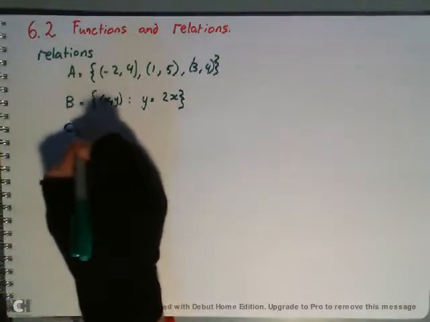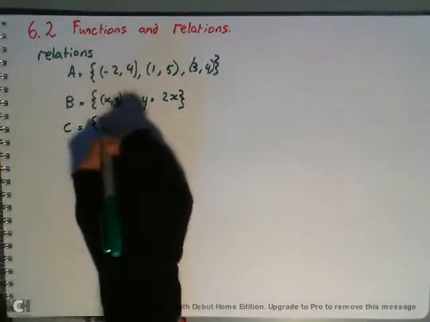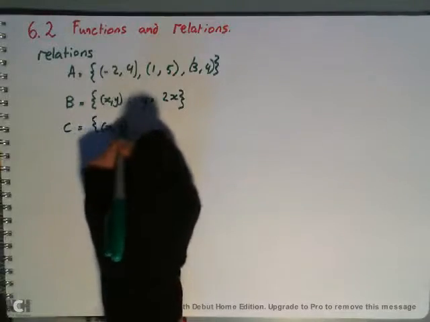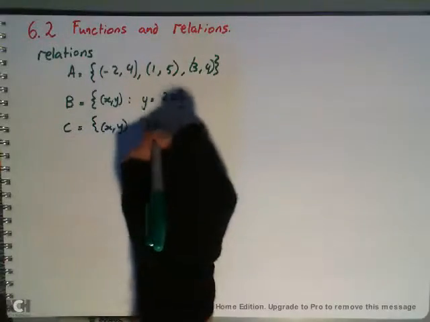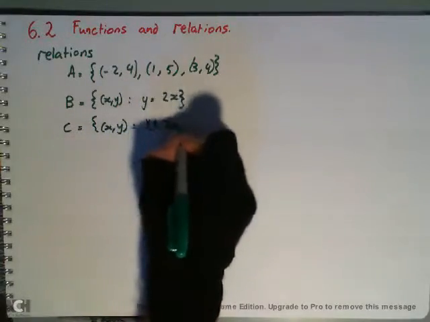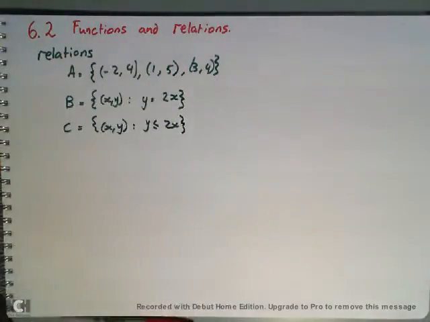C could be the set of (x, y) such that y is less than 2x. The ordered pairs are described by a linear inequation. So these relations could be presented visually by being graphed on coordinate axes.